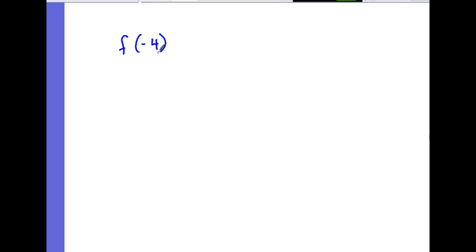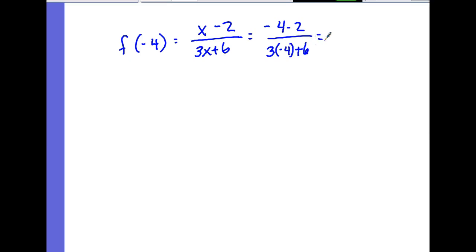Nothing canceled out in this graph, so that would be x minus 2 over 3x plus 6. Plug in a -4: -4 minus 2 over 3 times -4 plus 6. That's going to be a -8 on top over -6.